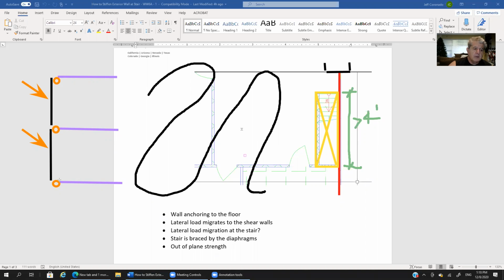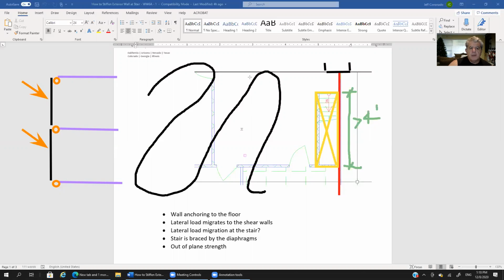So at the floor lines, we have hinges. We need something there to resist the pressure. Otherwise, this becomes unstable. Again, some of this may also be covered in other tutorials, so I don't want to get too much into the instabilities of this, but we do need the floor lines to absorb and to provide that stability for the exterior wall.